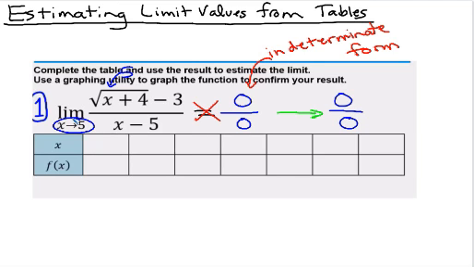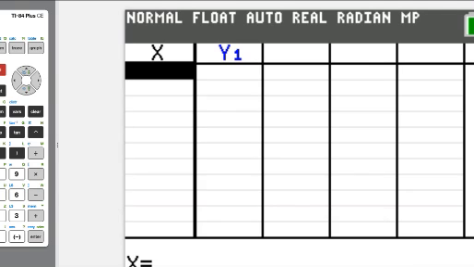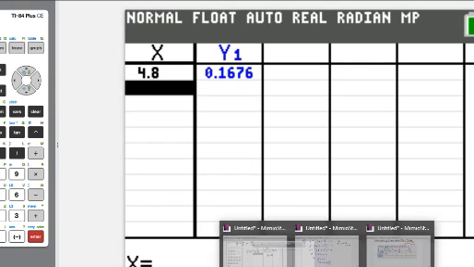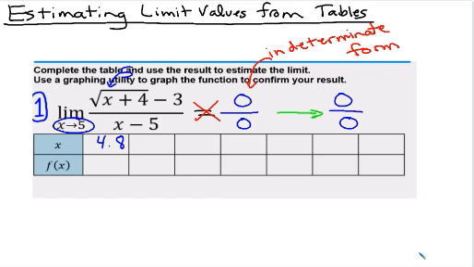So how about 4.8? 4.8 would be approaching from the left. All right, so we go to our graphing calculator and we put in 4.8. And our value is 0.1676. What do you think we should try next?